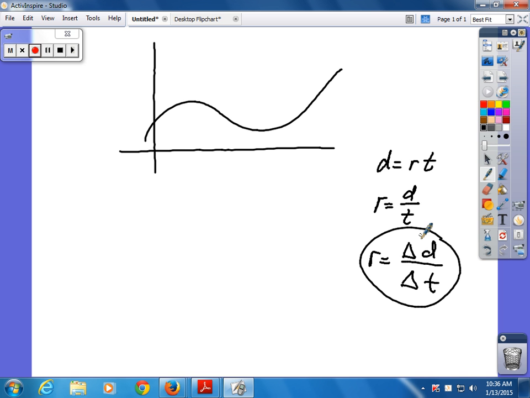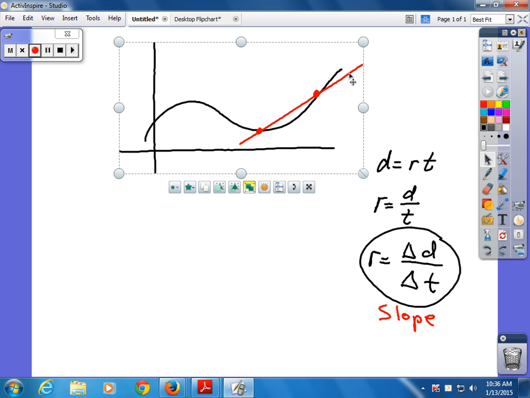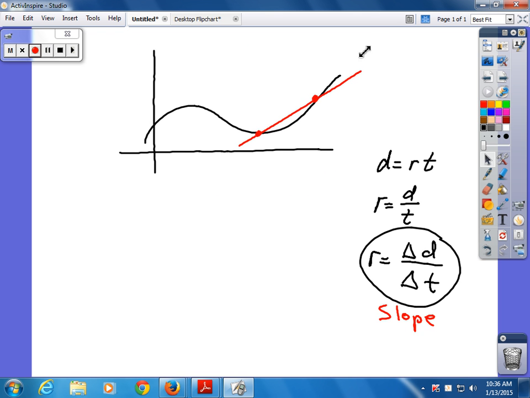If I was to take a red marker and put a dot here and a dot here, basically there is our rate of change. Rate of change is another word for slope. And using the limit theorem, if we take this dot right here and move it, and move it, and move it, eventually the secant line will become the tangent line.